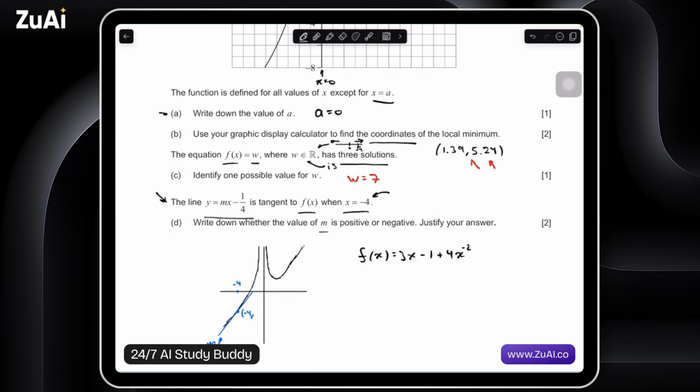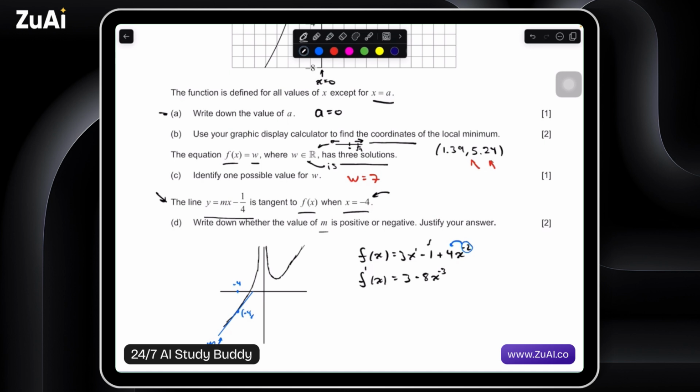And one way we can do this is we can just find the derivative. And 3x to the 1 just becomes 3. Constants just disappear. And then dealing with this value right here, we'll multiply by negative 2. So this would give us negative 8x, and this was negative 2, and now it should be negative 3.